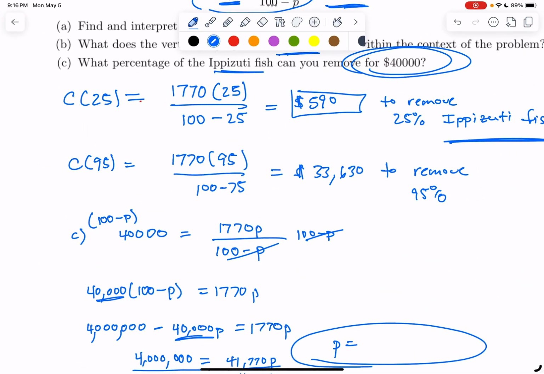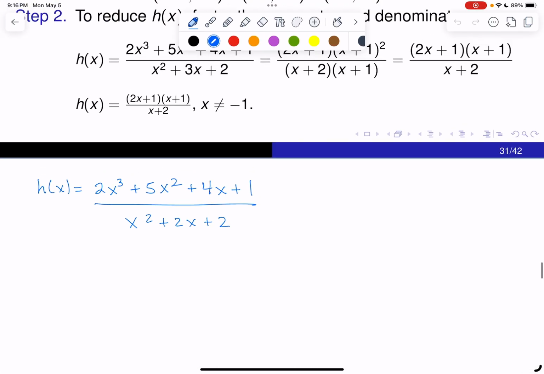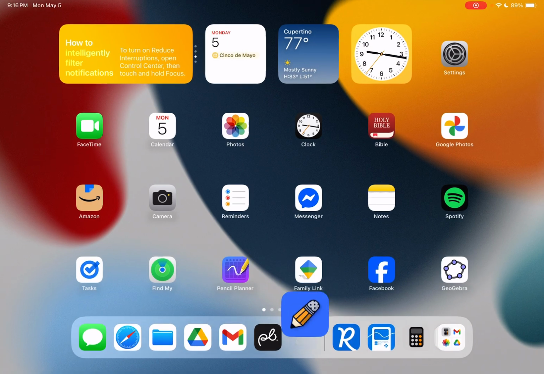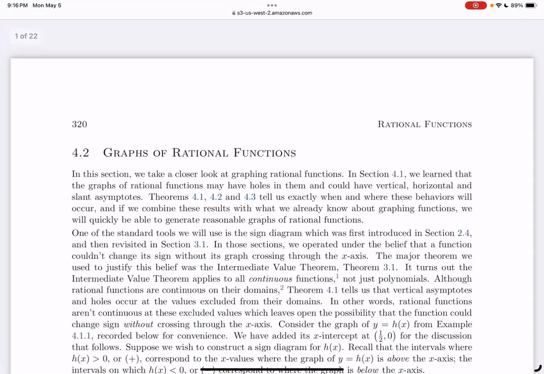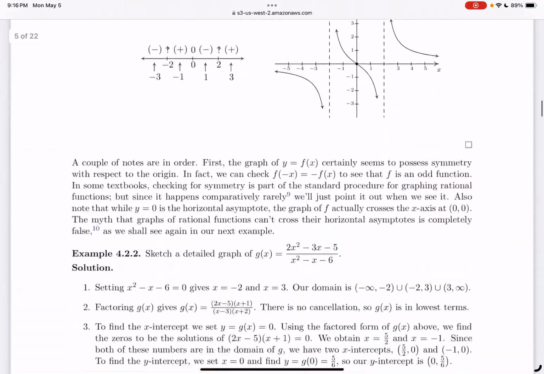Okay, let's go back to where we left off yesterday, and I'm going to finish up 4.2 today and hopefully get 4.3 started. Yesterday I left off on this problem, on page 328.